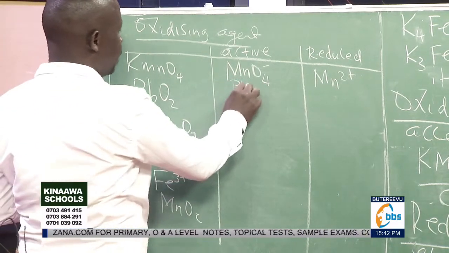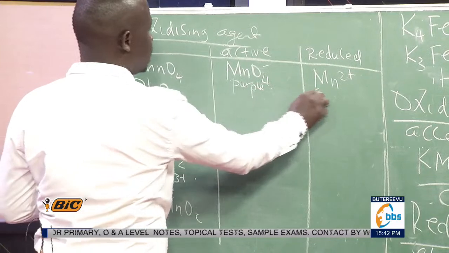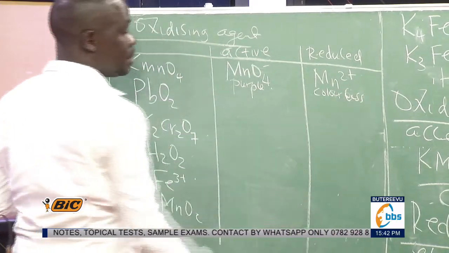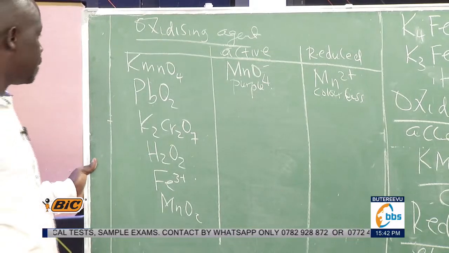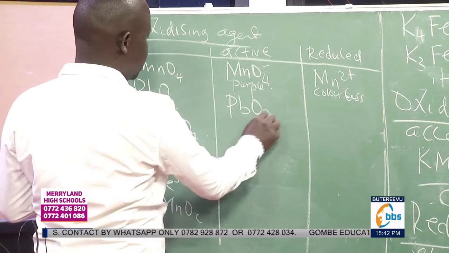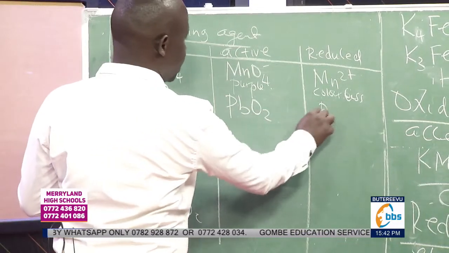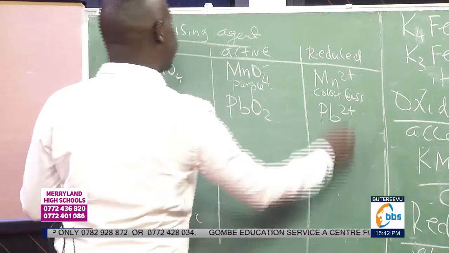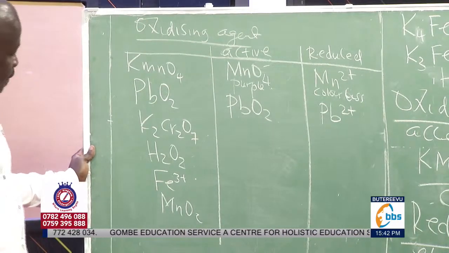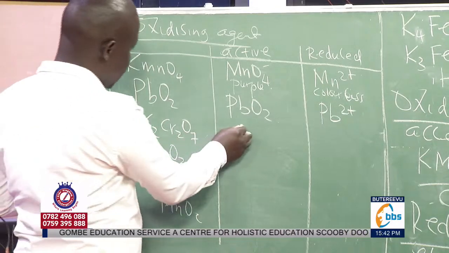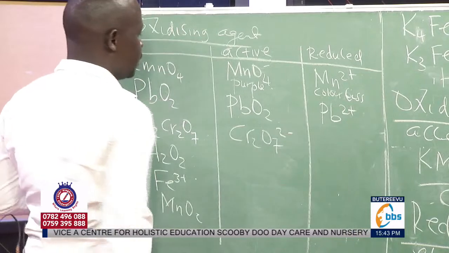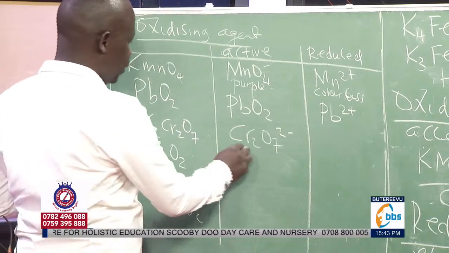This is purple in color, and this is colorless, or sometimes can be faint pink. The lead oxide, the active species is also the lead oxide, PbO2, and this one is going to be reduced to lead 2. In potassium dichromate, my students, the active species is the dichromate. Now dichromate is orange.